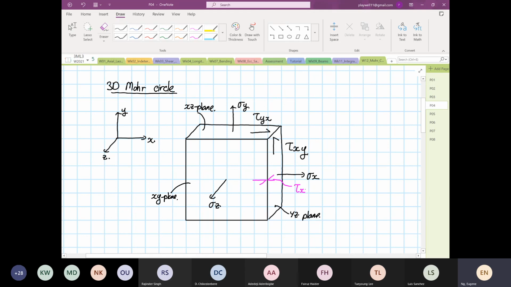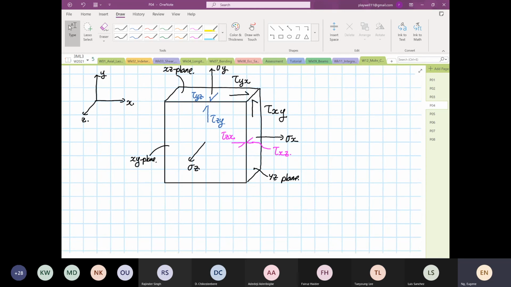The shear stress is in Z direction. And then we have another shear, which is in this direction. For this case, the intersecting plane is Z and then Y. So we have 6 stresses.